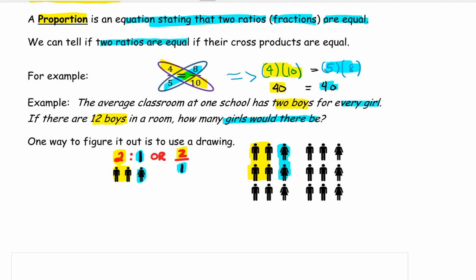So 4 boys now have 2 girls. Then again, my aim is to reach 12. So I add another 2 boys, adding 1 more girl. So now I have 6 boys.